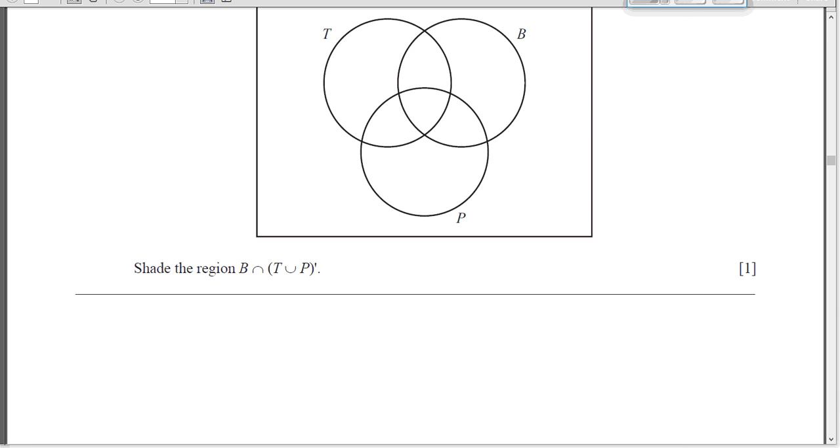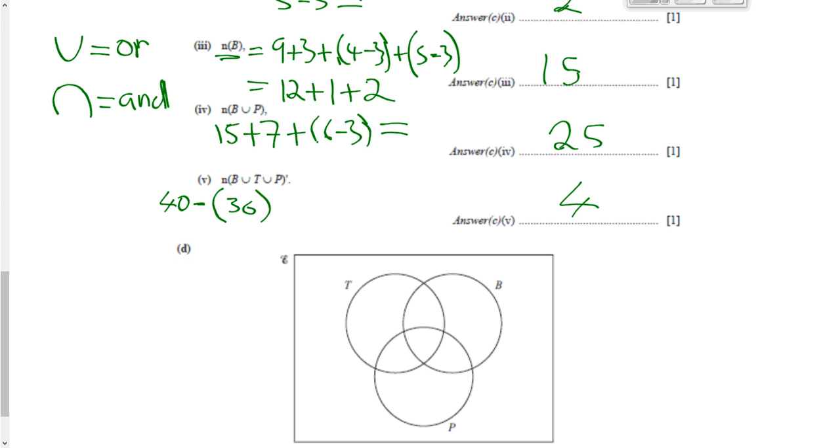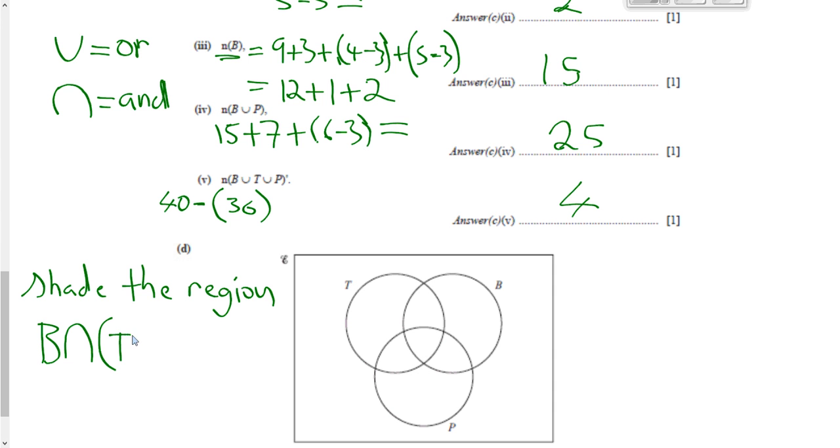There is a bit missing, and it says shade the region or the area B, sad face, T, smiley face, P, and we've got our dash here.